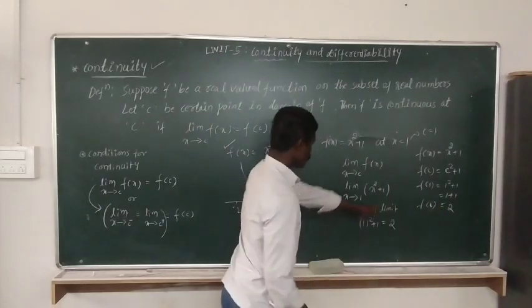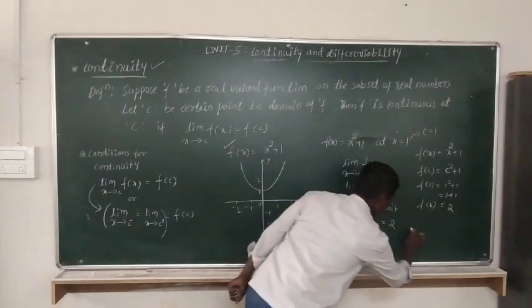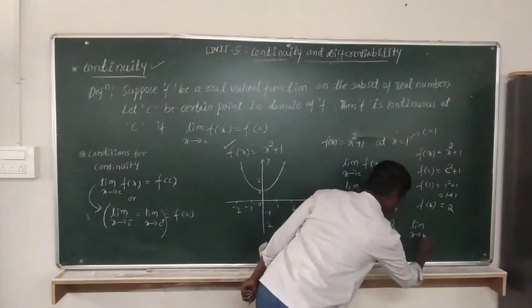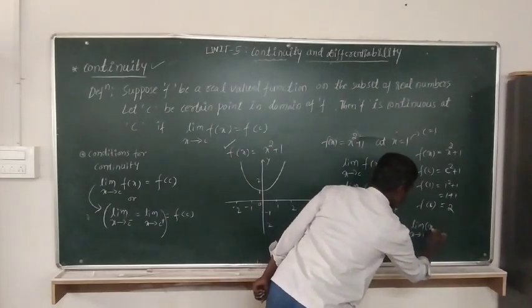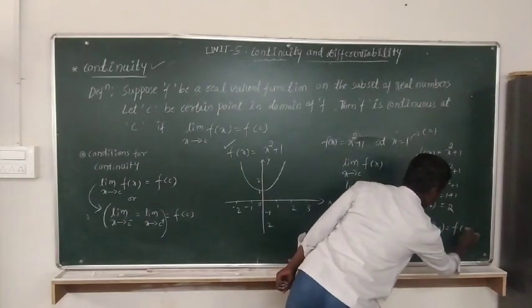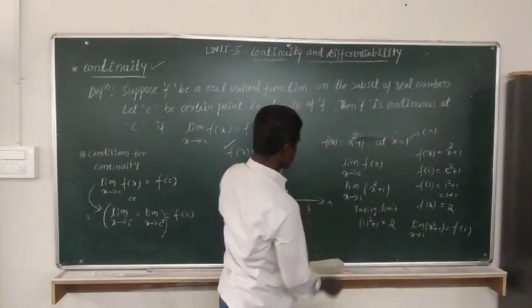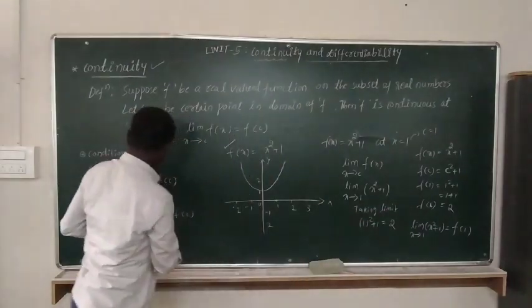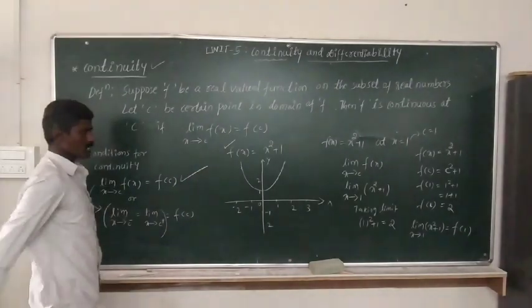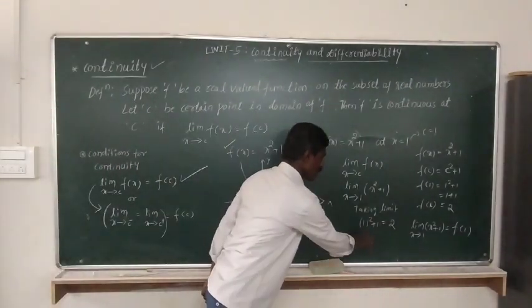So the function obeys the condition: limit as x tends to 1 of x square plus 1 equals f of 1, the same as limit as x tends to c of f of x equals f of c. This condition is obeyed, hence the function is continuous.